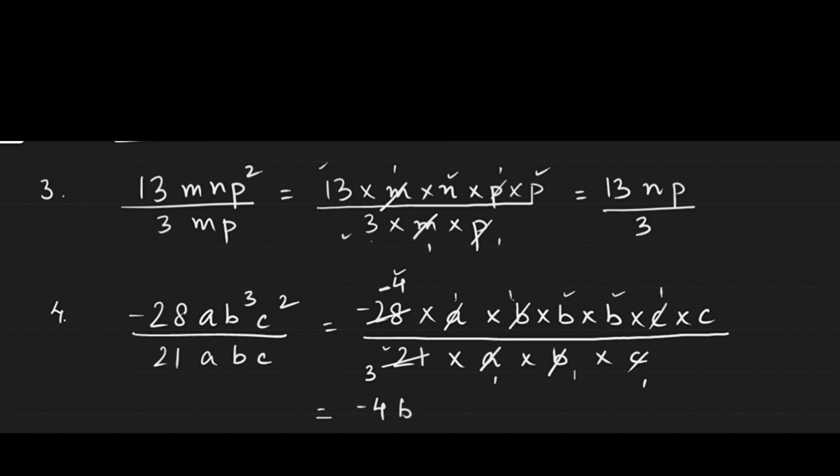So minus 4 b square, because we have two b's, so b and b makes b square, and then this c. And in the denominator, I have this 3, and then all are 1, 1, 1. So 3 times 1 times 1 times 1 gives you 3. This is my answer.